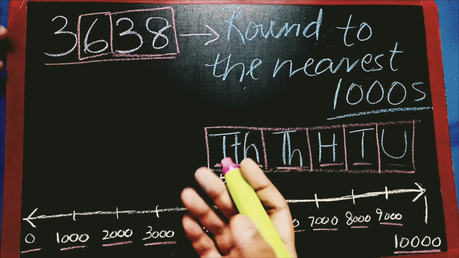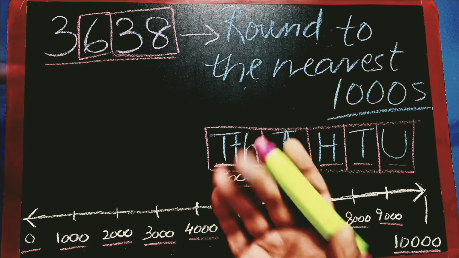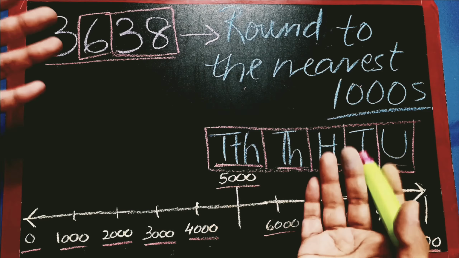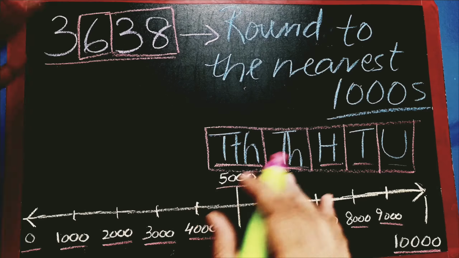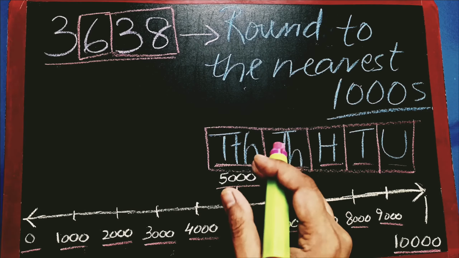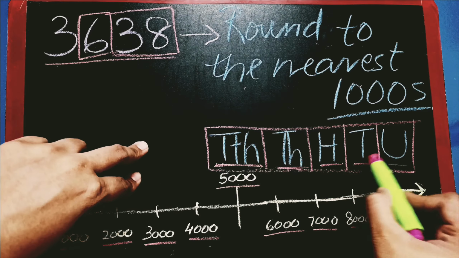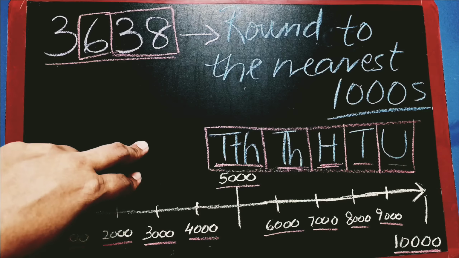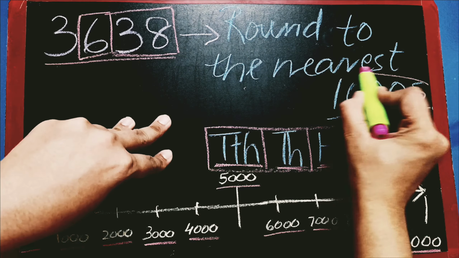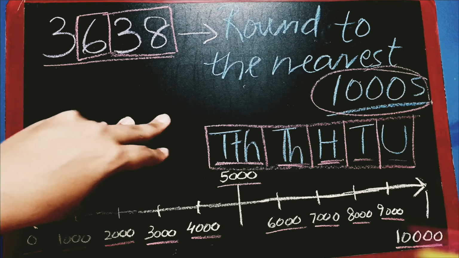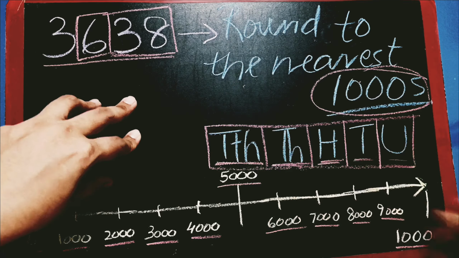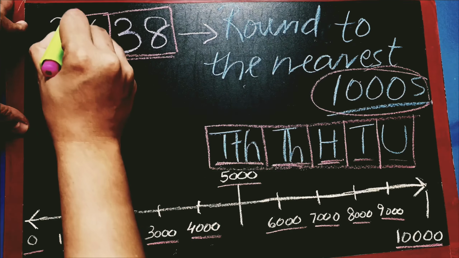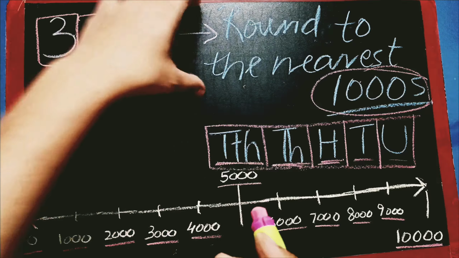We know that the third digit in a figure from the right towards the left is 100: 1, 2, 3, 100. Now we have to round it off into thousands, so we will obviously take the fourth place, which is 1000. We will take the whole figure.